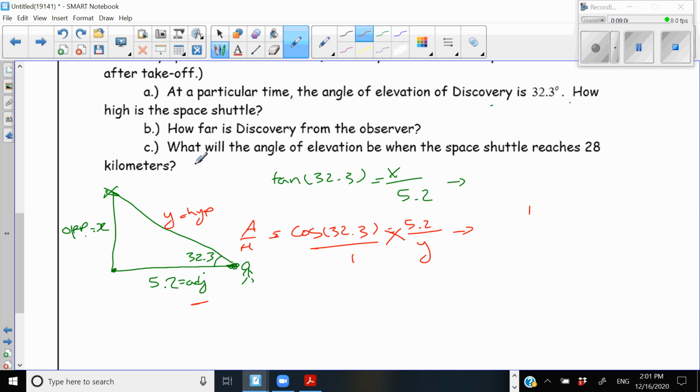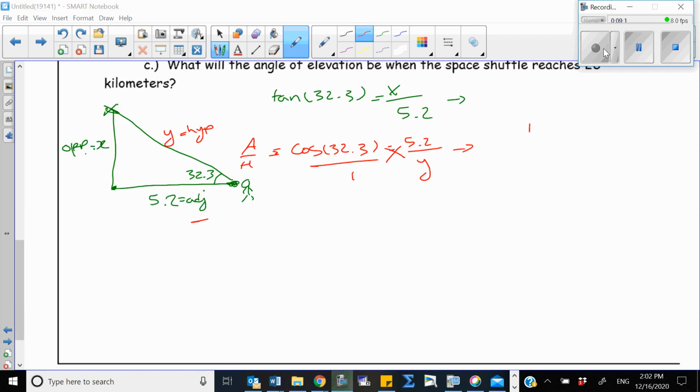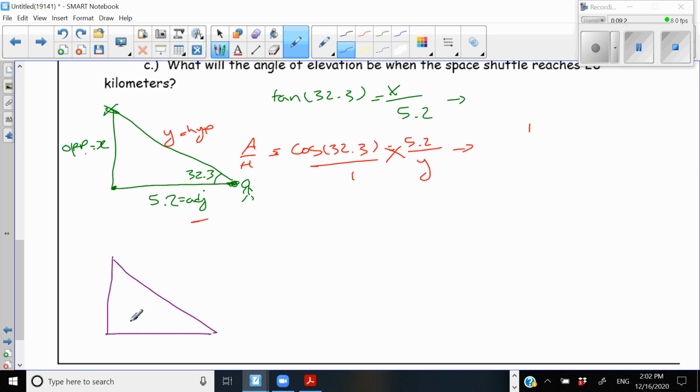Now the next question is asking, what will the angle of elevation be when the space shuttle reaches 28 kilometers? Okay, for this part, I'm going to draw a new shape just because this one over here is so messy now. Okay, now this distance is again 5.2 and this angle is 32.3.